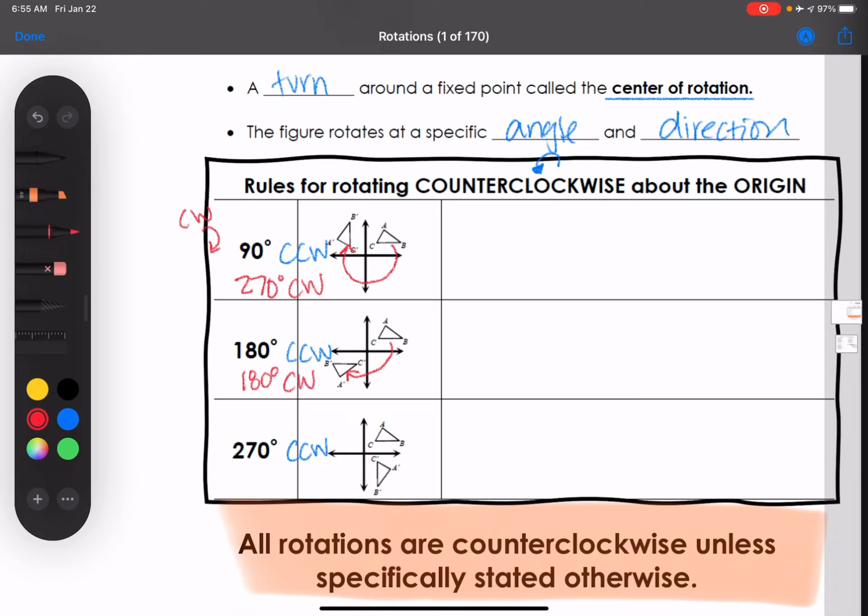So check that out. 180 degrees counterclockwise or clockwise is going to get you the same exact thing. All right, and then 270 counterclockwise is the same as just 90 degrees clockwise. And you do not have to draw these arrows in these different colors, but I am showing them to you so that you know where it's all coming from.